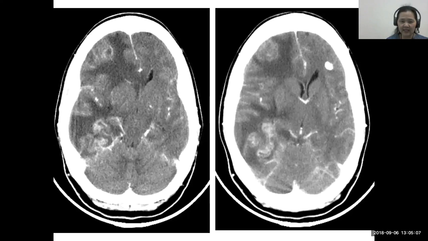Tapos very acutely in the last 2 days, nagpresent siya with mental status change. Kasi sobrang naging edematous na, very possibly dangerous sa life ng patient yung amount of intracerebral pressure already in the brain. Okay? Next.